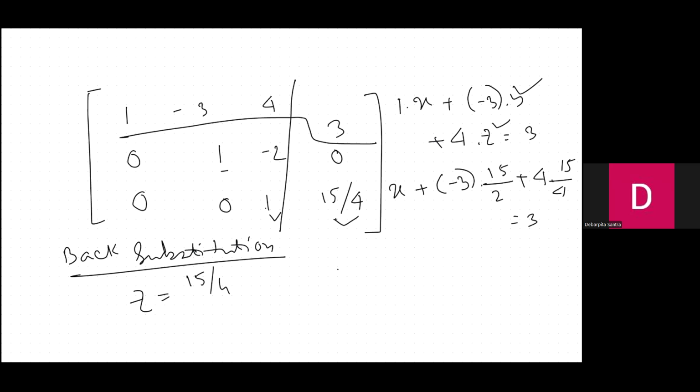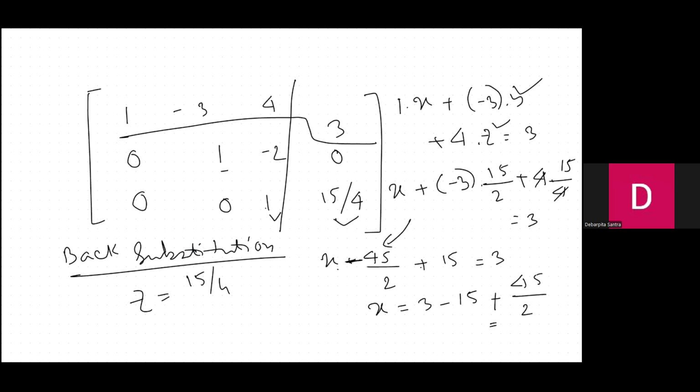So what will happen? X plus minus 3 into 15, that means minus 45 by 2. X minus 45 by 2 plus 15 is equal to 3. So x is equal to 3 minus 15 plus 45 by 2.